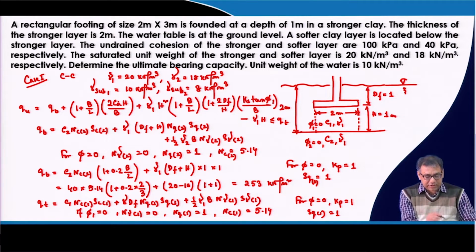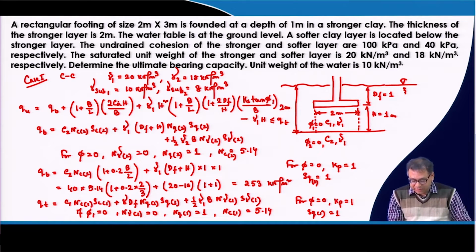In case 1, I discussed that the strong top layer is a stiff clay with C value of 100 kPa, stronger compared to the second layer, where the C value is considered as 40 kPa.